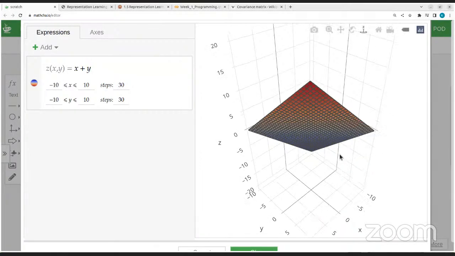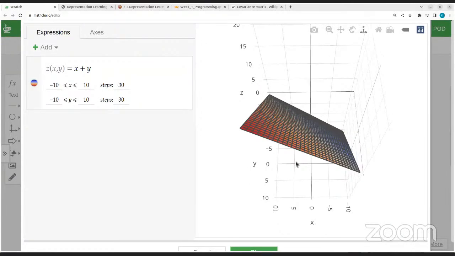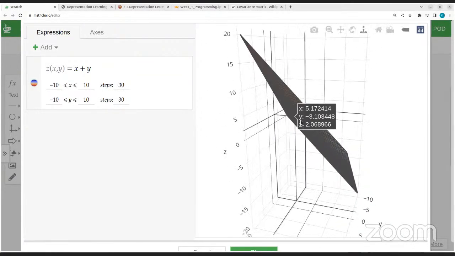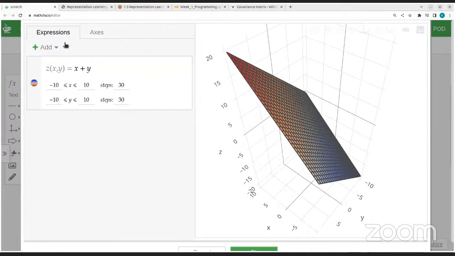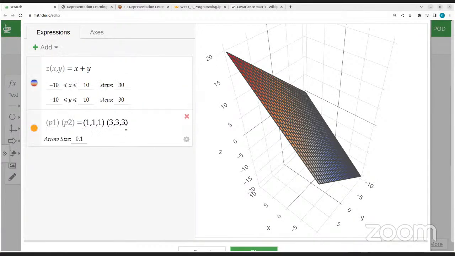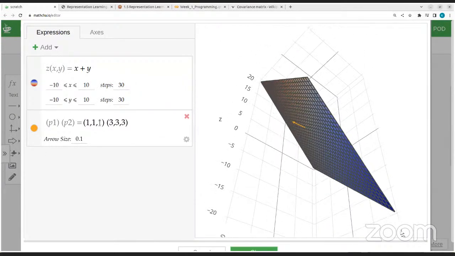See, you have a plane like this, right? Now we need to draw a line, say a vector. Okay, let's see if this vector makes sense.